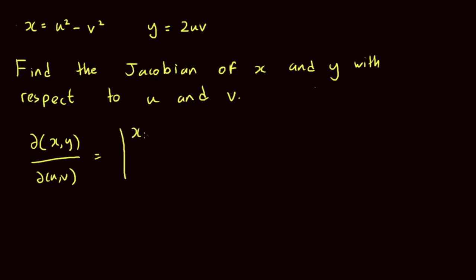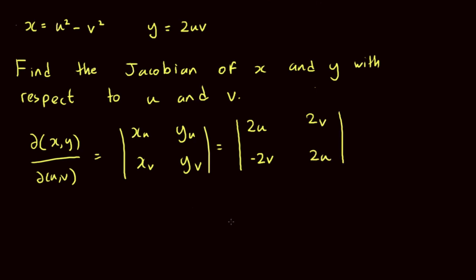It's just xu, xv, yu, yv. The xu would be just 2u, xv would be negative 2v, yu would be 2v, and yv would be 2u.